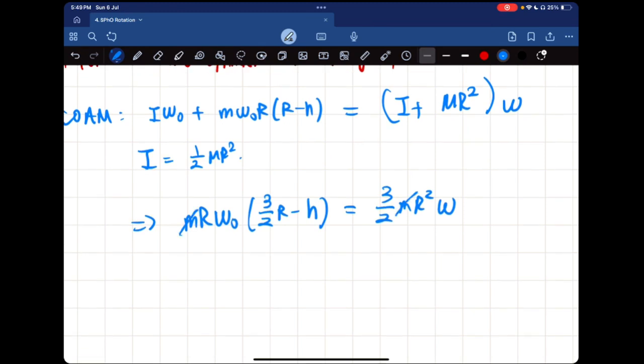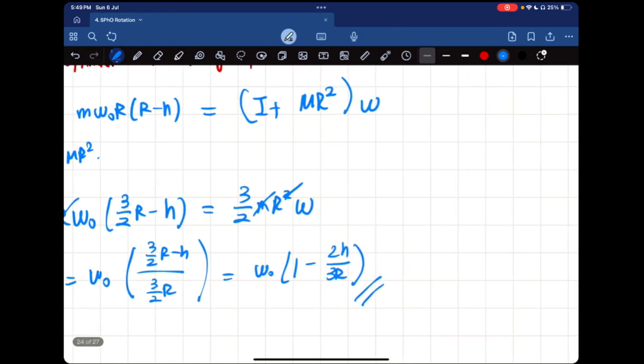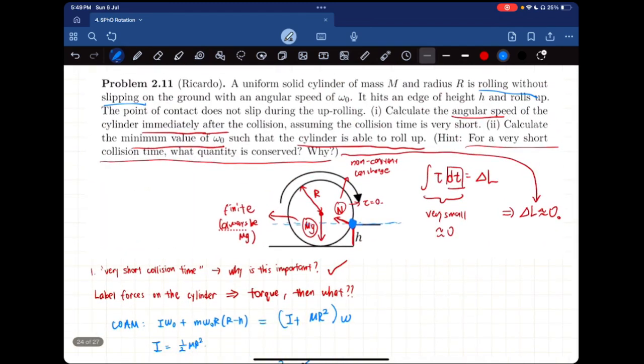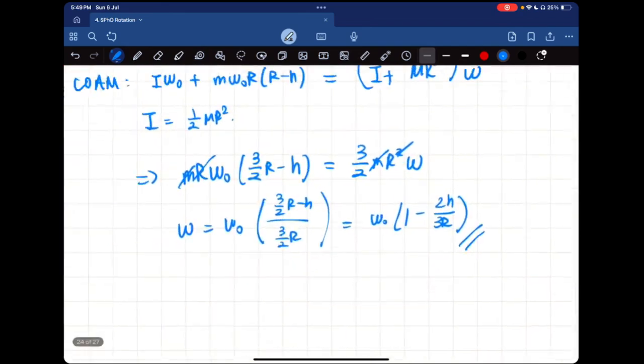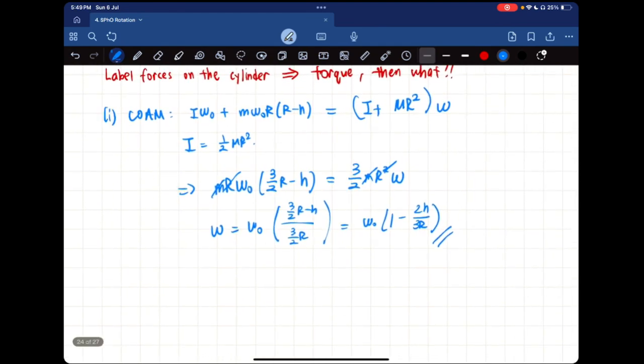And you can do some housekeeping here, which you can eventually arrive to this. And that's your angular speed immediately after the collision. So this is part one.